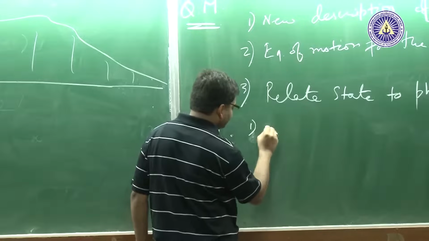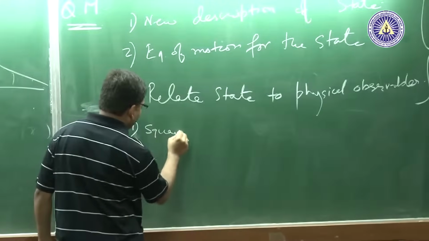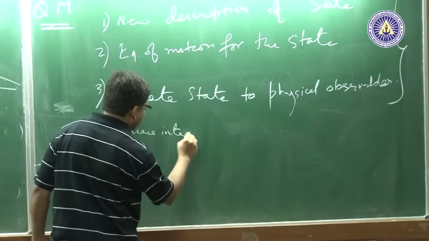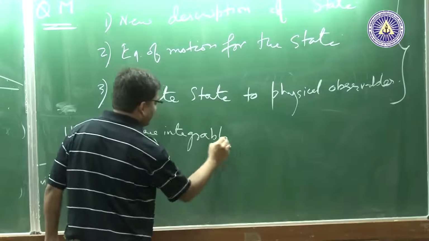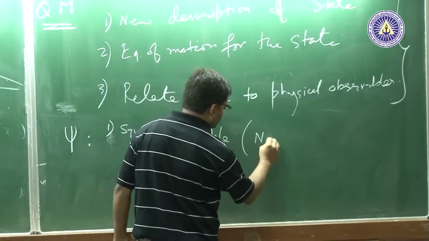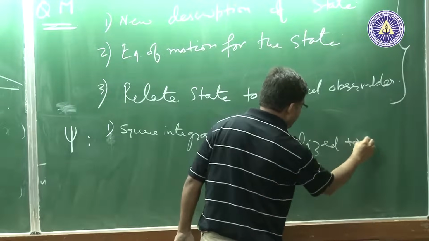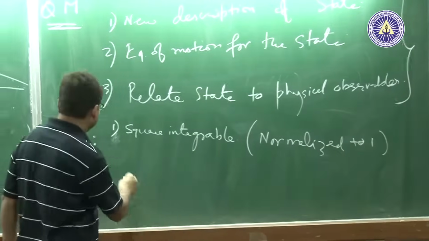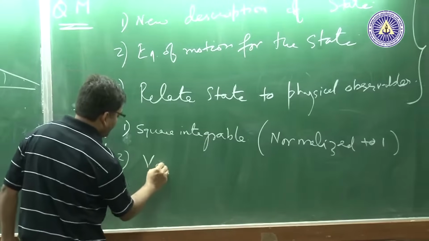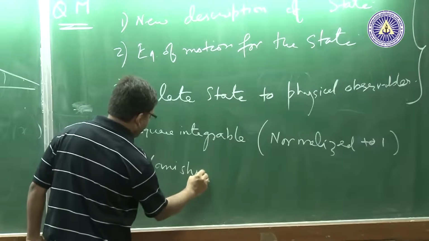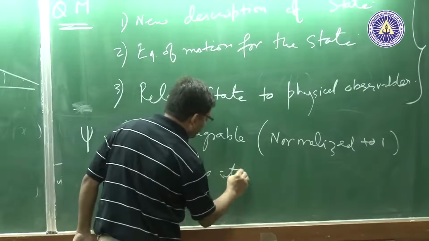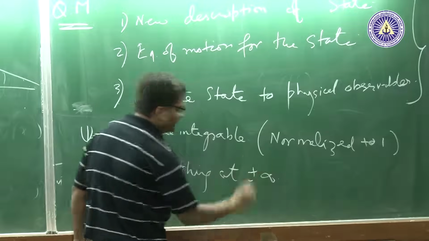So, the properties that we want in the wave function: square integrable, or normalized to 1, vanishing at plus minus infinity.